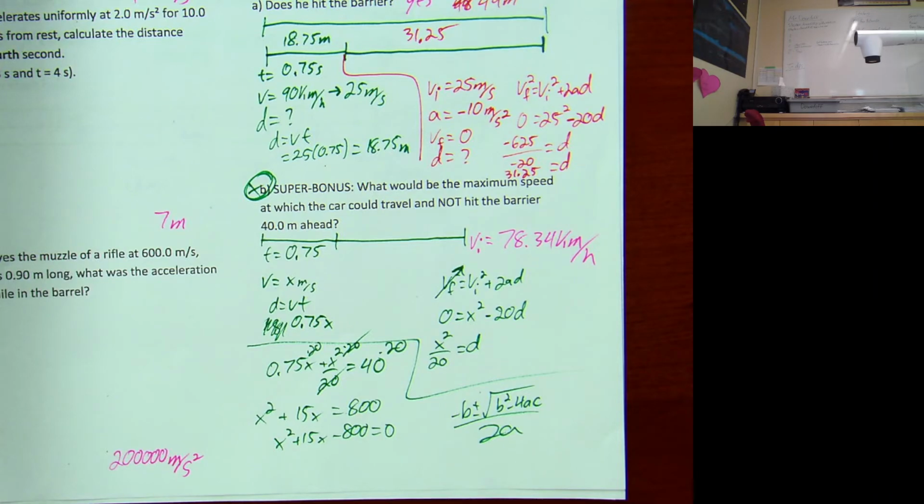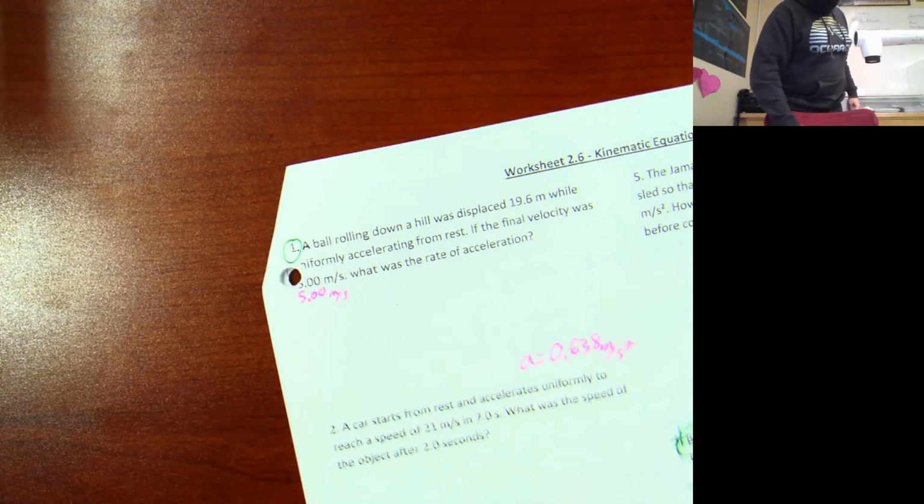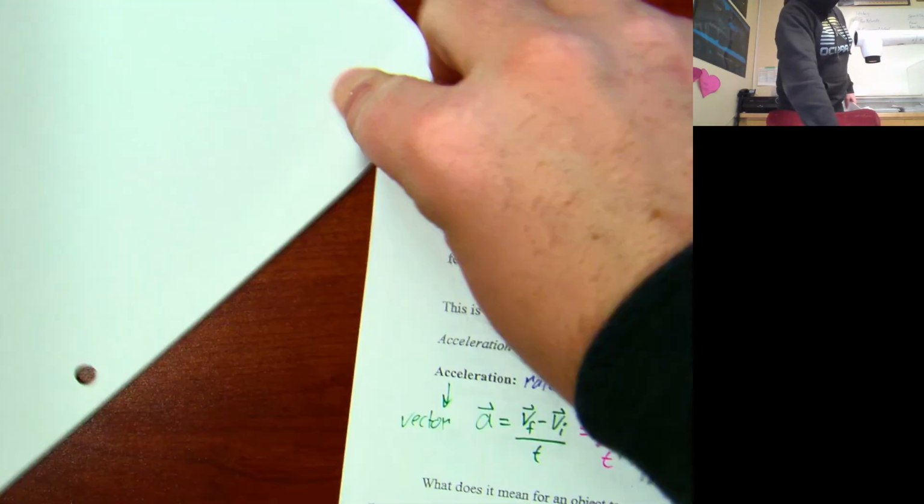Okay, put your stuff away. Two questions. Put all your stuff away. You get the formula sheet. Put everything away, because I want to see if you know this stuff.